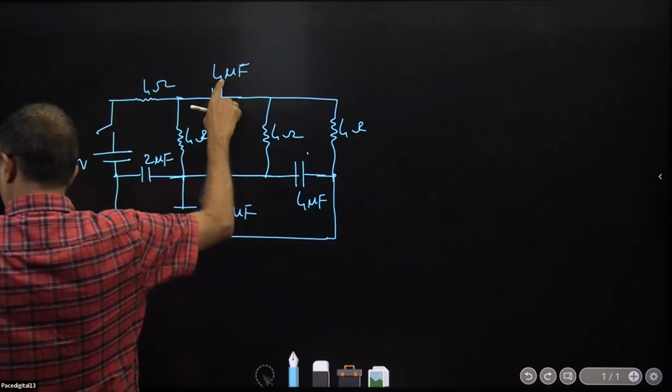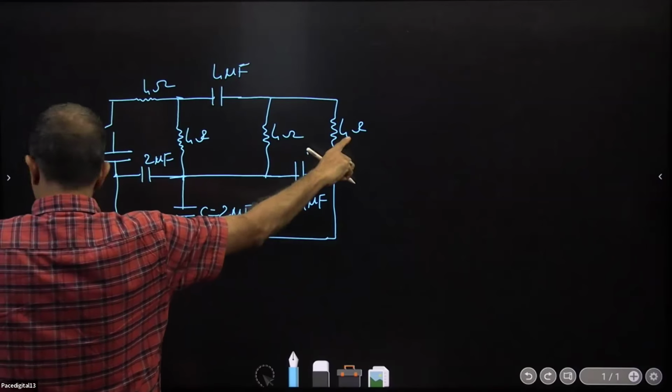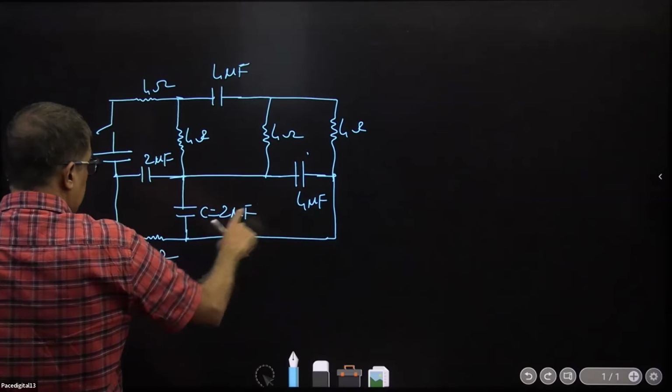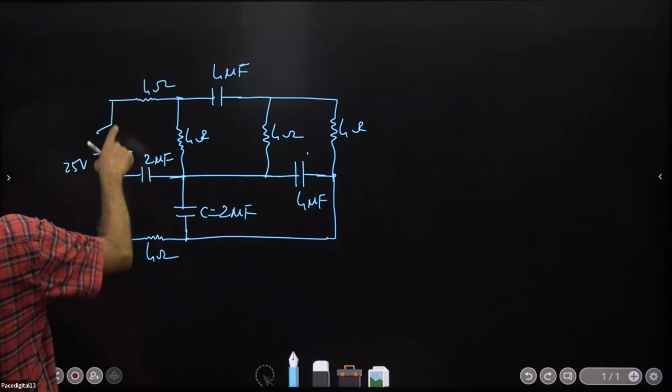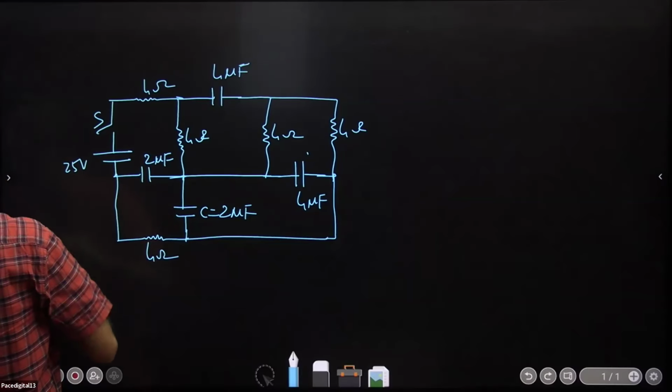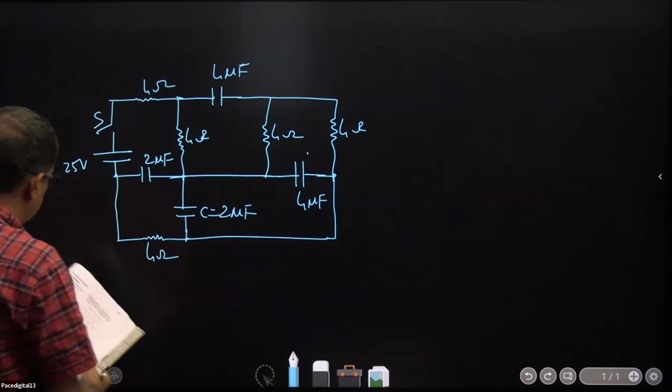Hope I didn't miss anything. 4 microfarad, this is 4 and 4. This is 4 microfarad, 2 microfarad. 4 ohms, 25 volts, and a switch, yes, 4 ohms.